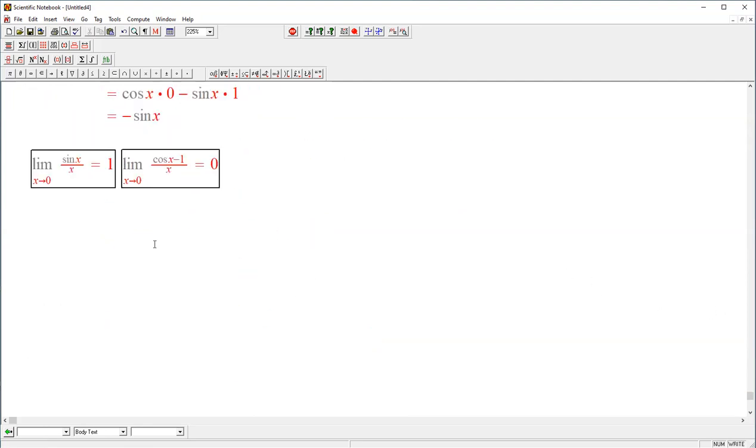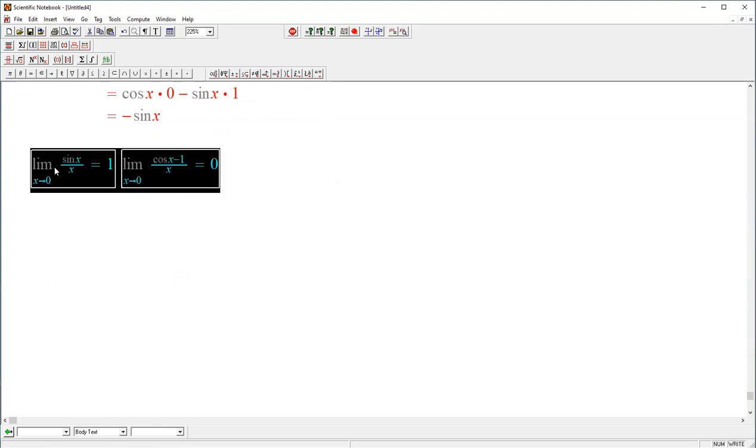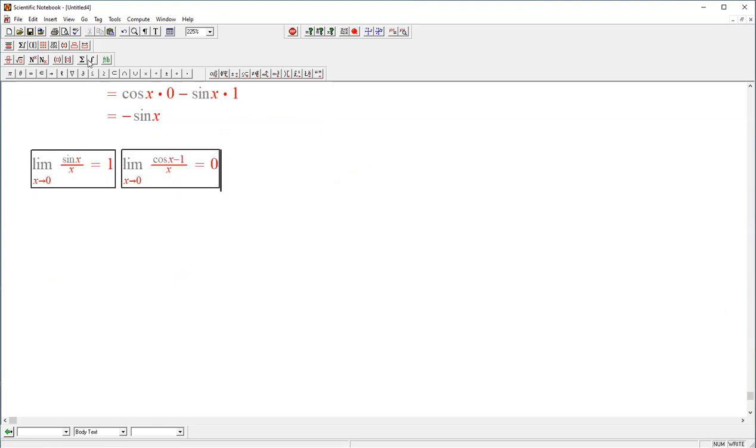So now we have these two identities. The derivative of sine is cosine, and the derivative of cosine is negative sine.